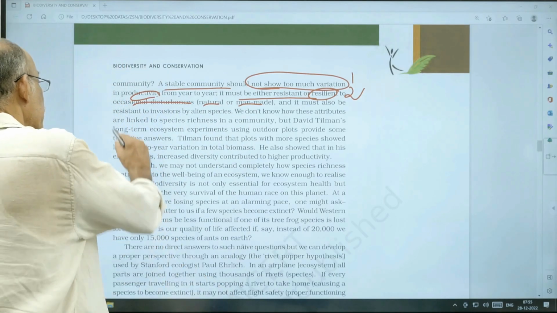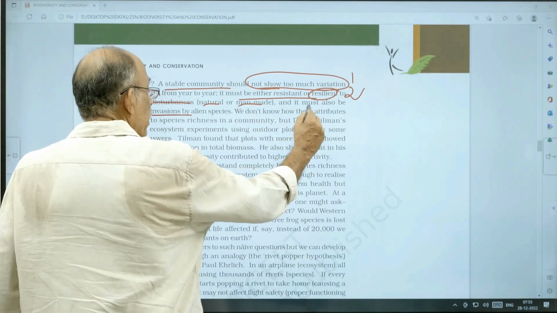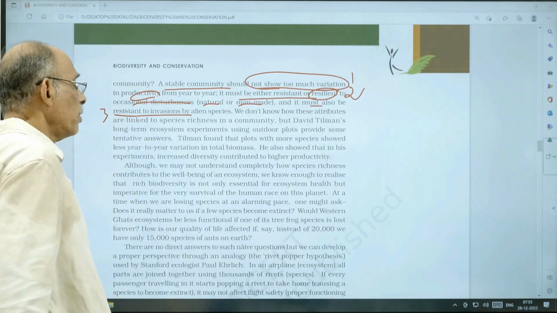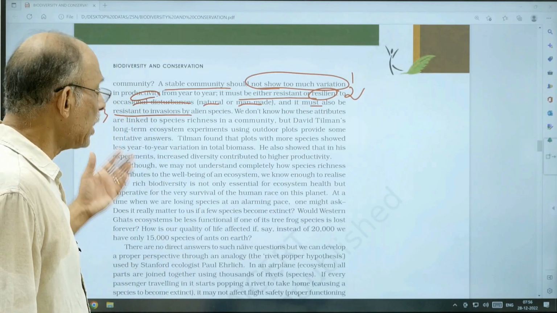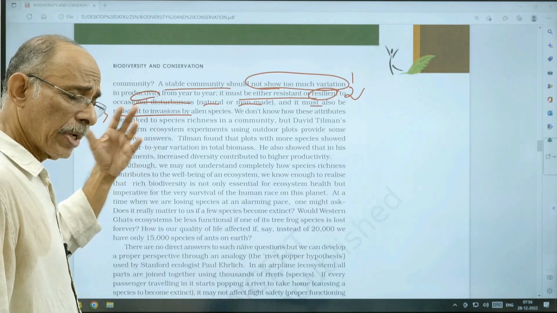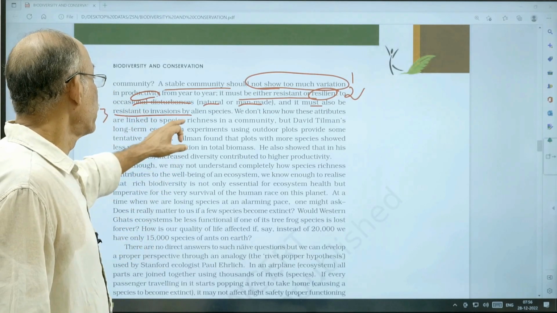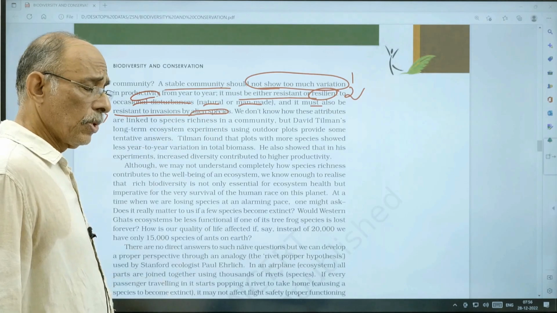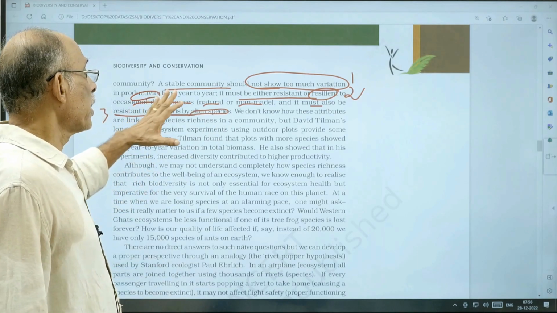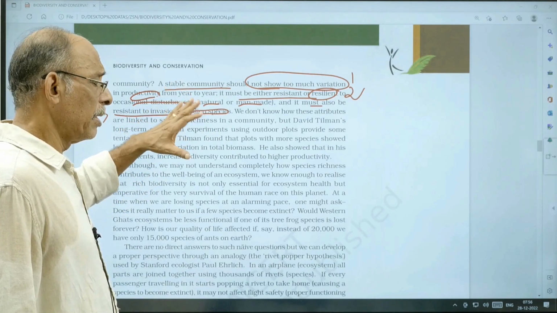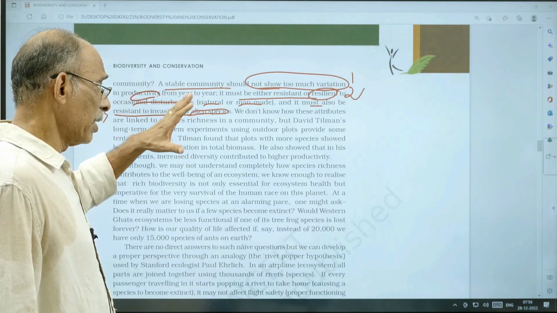And the third condition is that it must also be resistant to invasions by alien species coming from different ecosystems. So these are the features of a stable community.